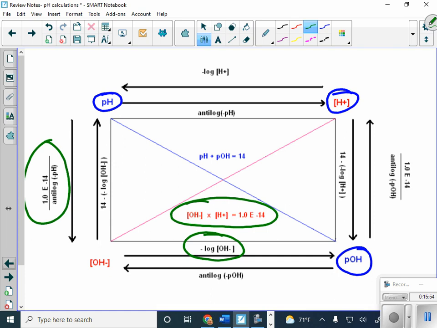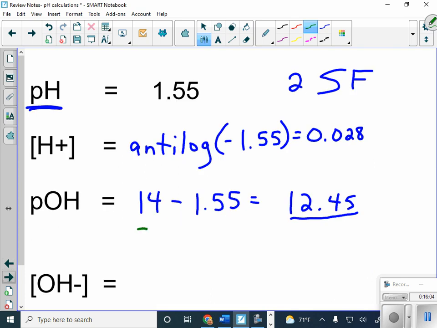Now, I'm going to do this two different ways for you. The first one I'm going to use is this one right here. And what that says is that the concentration of the hydroxide ion times the concentration of the hydrogen ion is equal to 1.0 times 10 to the negative 14.